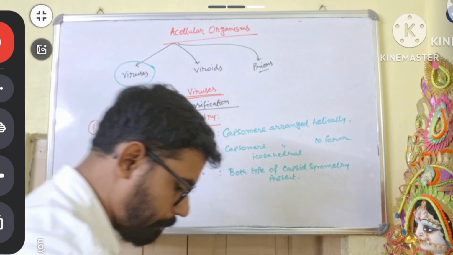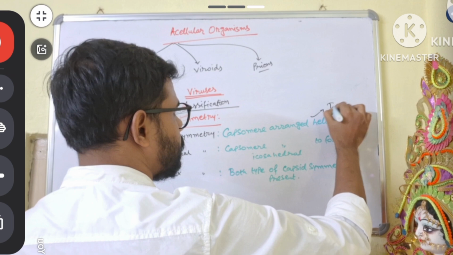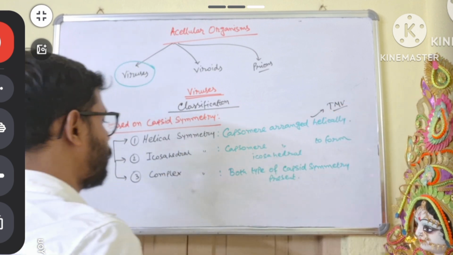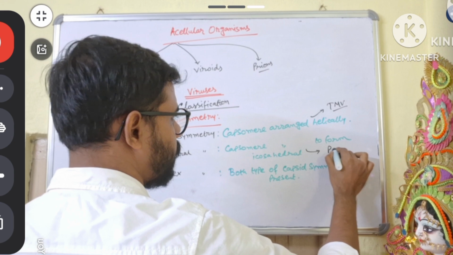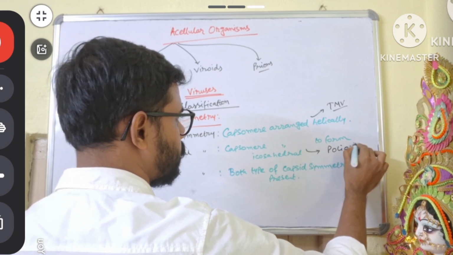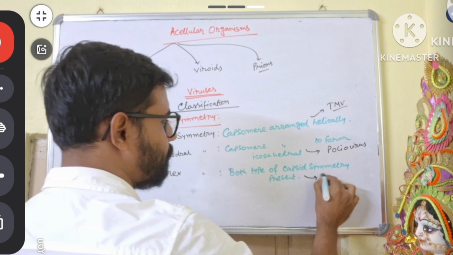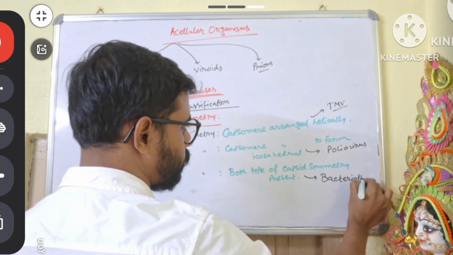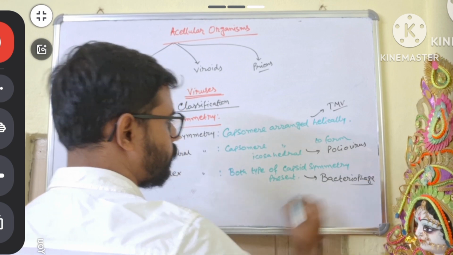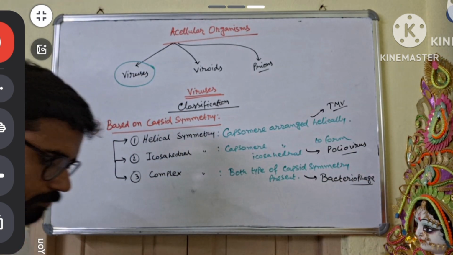Helical symmetry, a good example is tobacco mosaic virus, TMV. Icosahedral, a good example is poliovirus. And complex, a good example is bacteriophage.